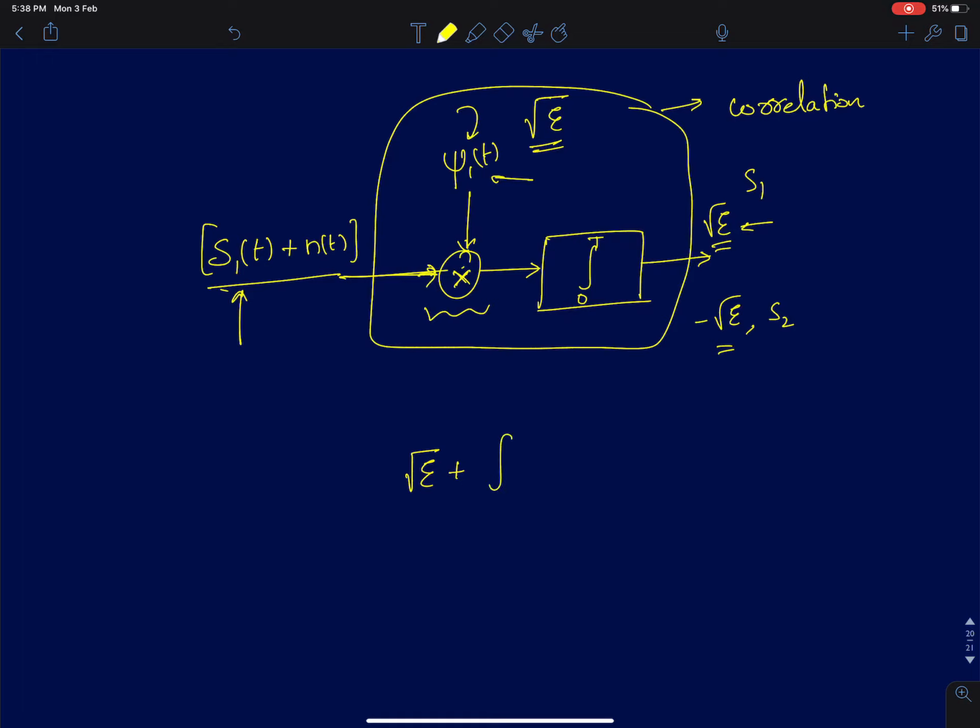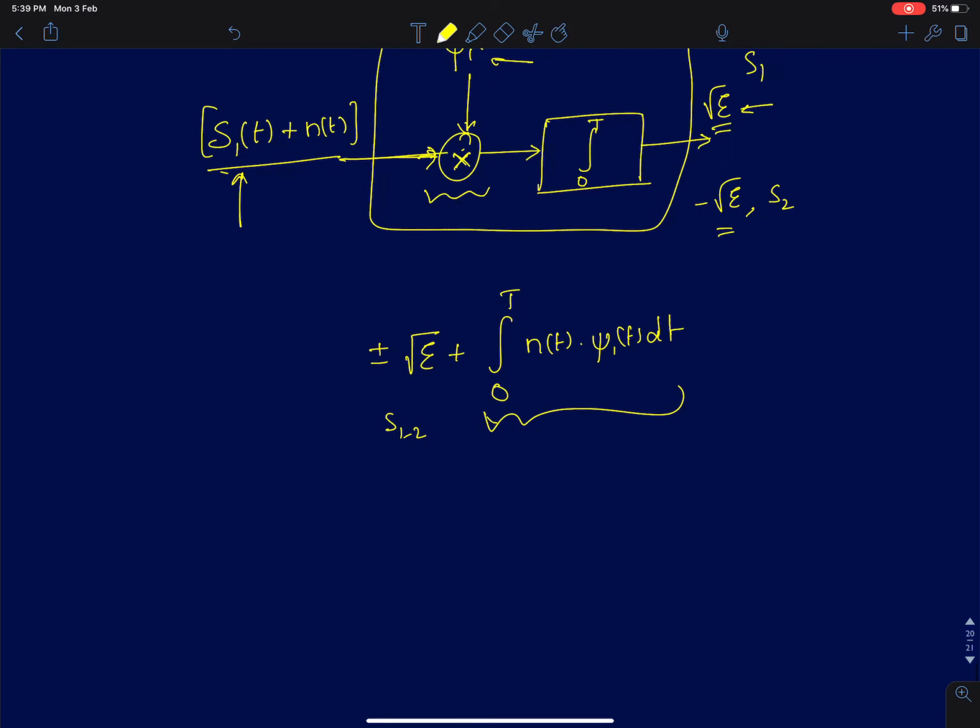Depending on S1 or S2, I will get plus or minus root E, and integral 0 to T n of t into psi 1 of t dt. This is nothing but the projection of noise onto the orthonormal basis function psi 1 of t. I will not go into the mathematics of this. When you integrate it and find this value, you are just going to get one variable, some value at the output.